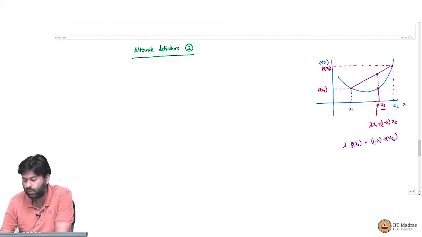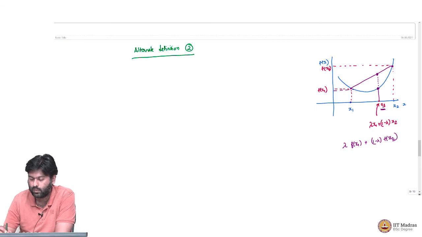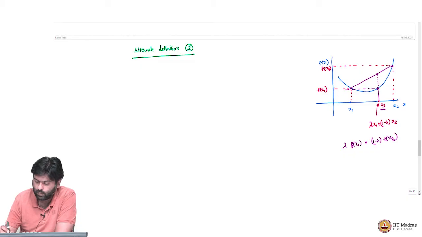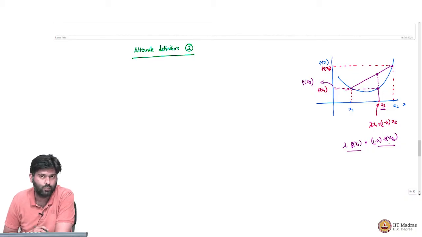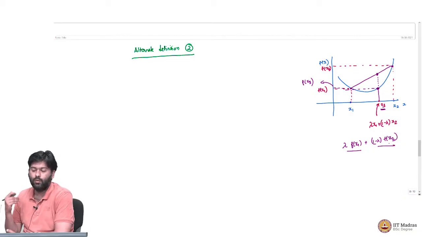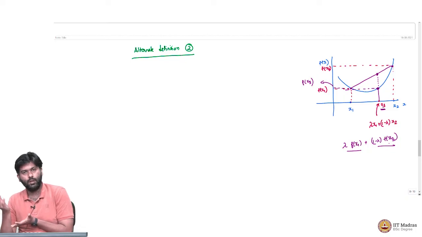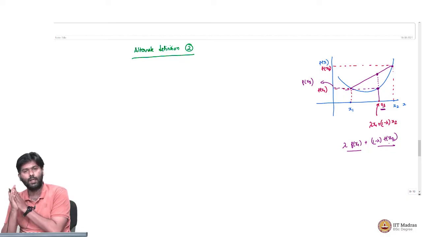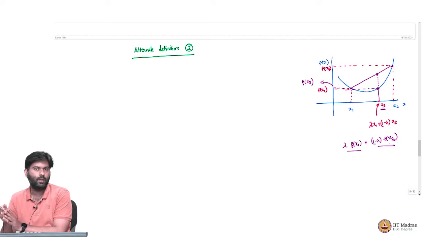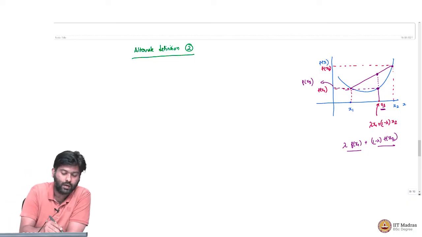So, the function's evaluation at x3, which is this value, f of x3 is less than, in this case, lambda times f of x1 plus 1 minus lambda times f of x2, right. Now, if f is a convex function, then it necessarily has to be this case, right, which gives us our alternate definition.